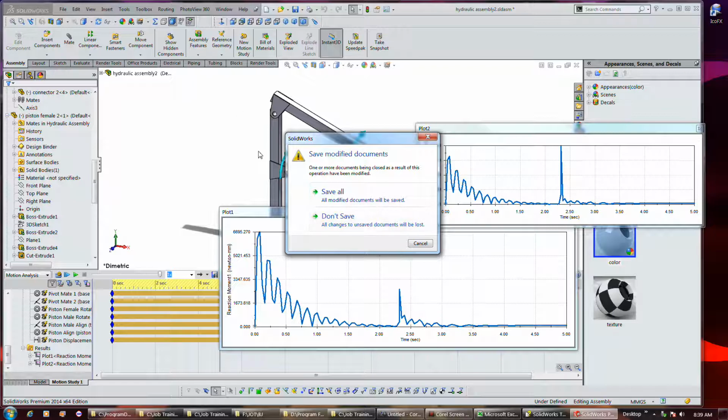I'm just wanting to close this simulation and try to bring up another one. What documents have been modified that it's talking about? Is it these charts? Well, I didn't think these were separate documents. Maybe they are, but I didn't think they were supposed to be. So that's some of the stuff that confuses me. Why is it asking me this?